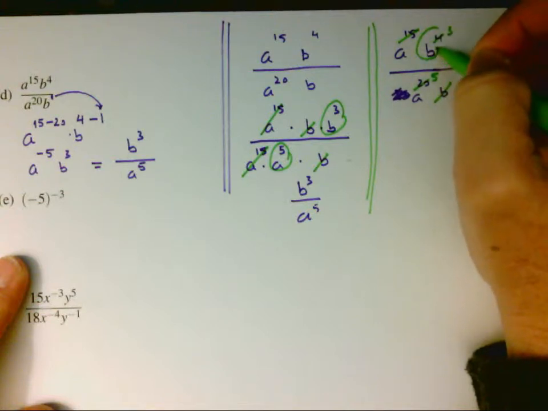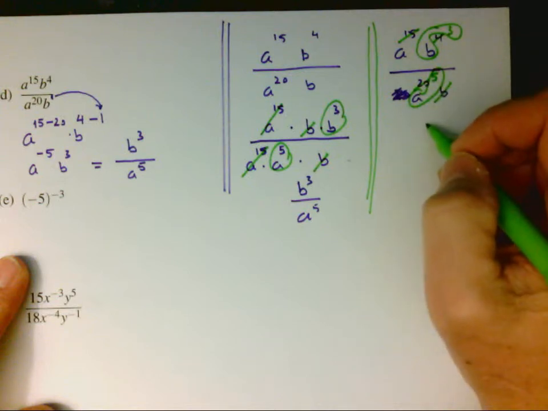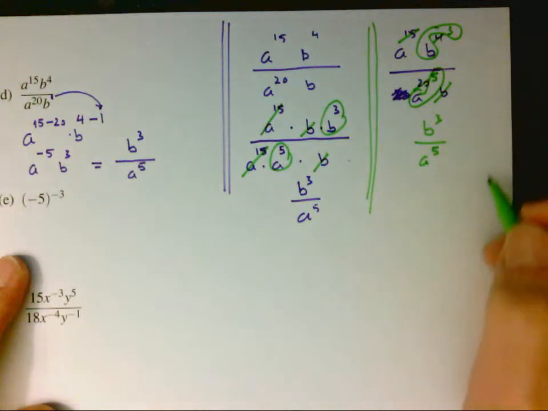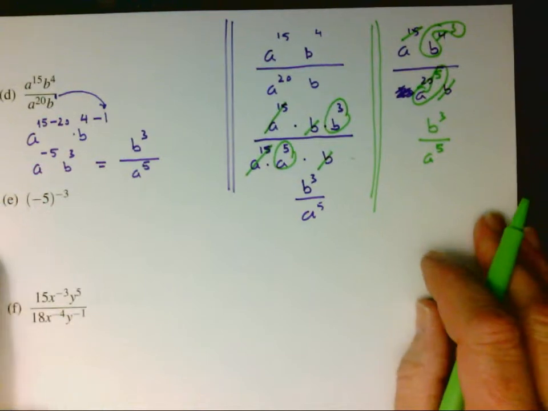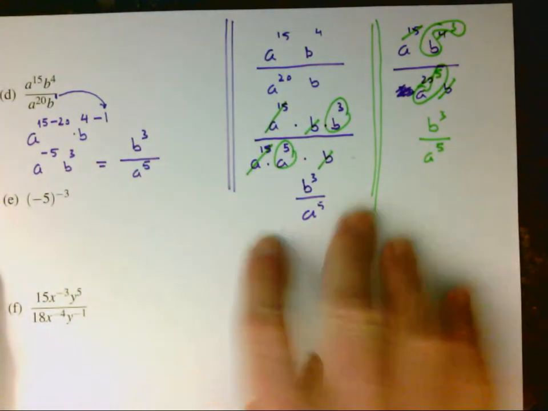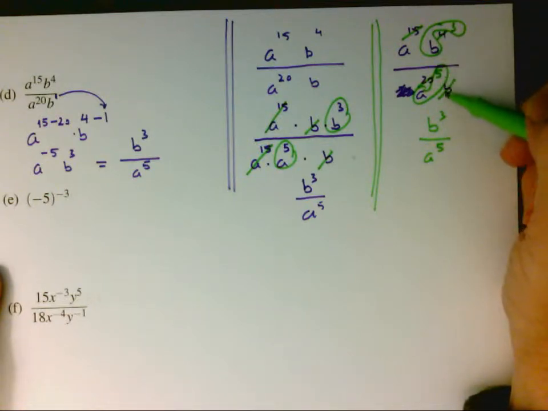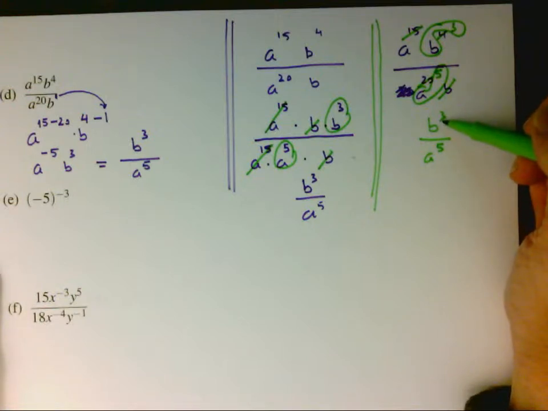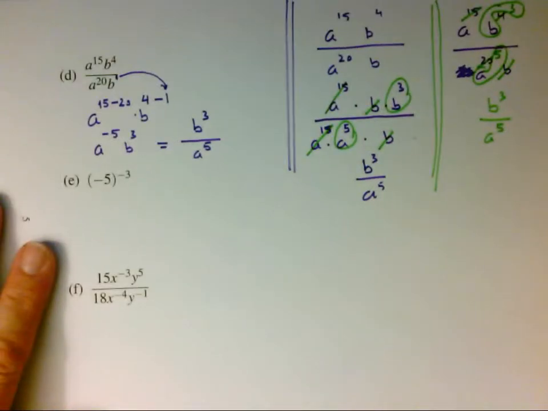So what we have left is a B cubed and an A to the 5th. So B cubed over A to the 5th. And that saves us a little bit of work. Like I said, I don't care how you do it. I just want you to understand all of these. You probably ought to aim to where you can do it this last way, because it will save you a lot of effort as we move into more complicated stuff where the exponent operation itself is one small step in a larger problem.